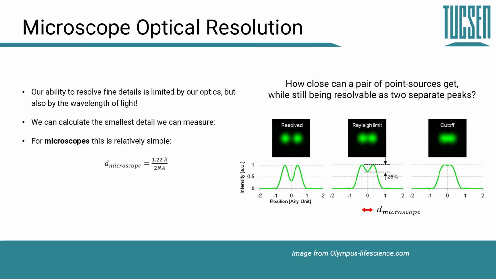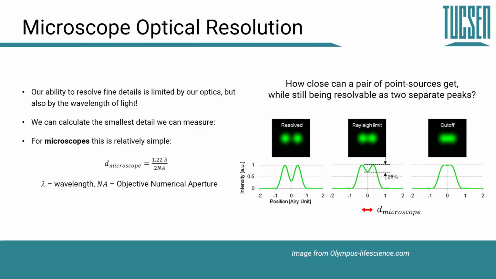And the calculation for this is here on the left with this equation, where it's given by 1.22, which is the Rayleigh criterion, times the wavelength of light that we're using, lambda. It's divided by 2 times the numerical aperture of the objective lens.